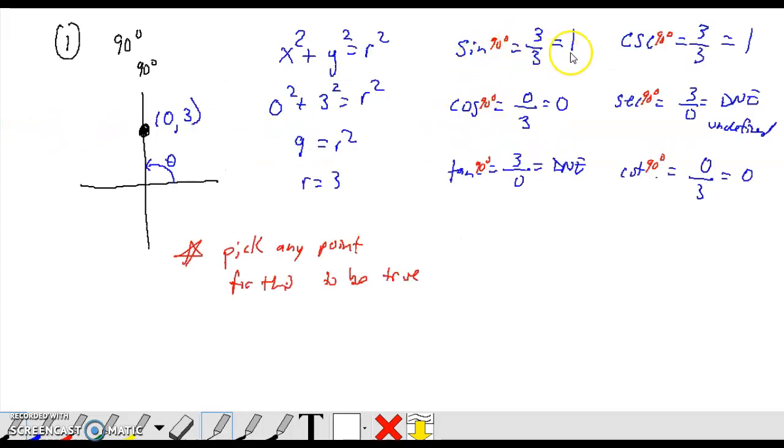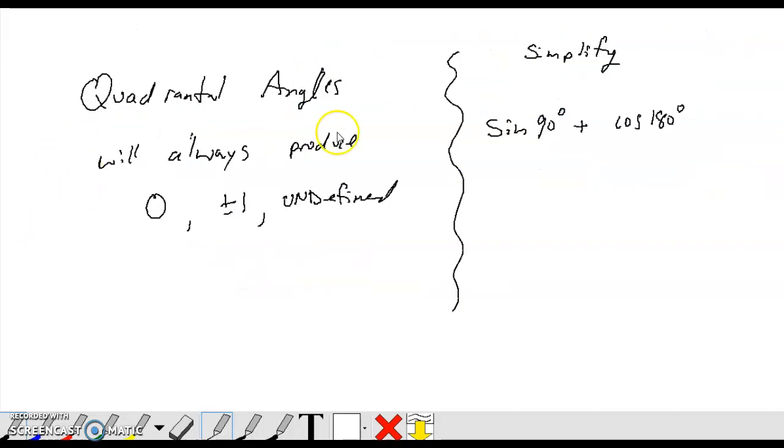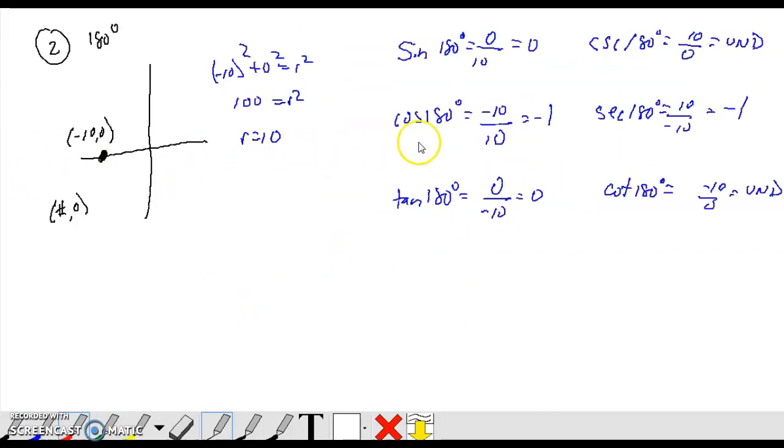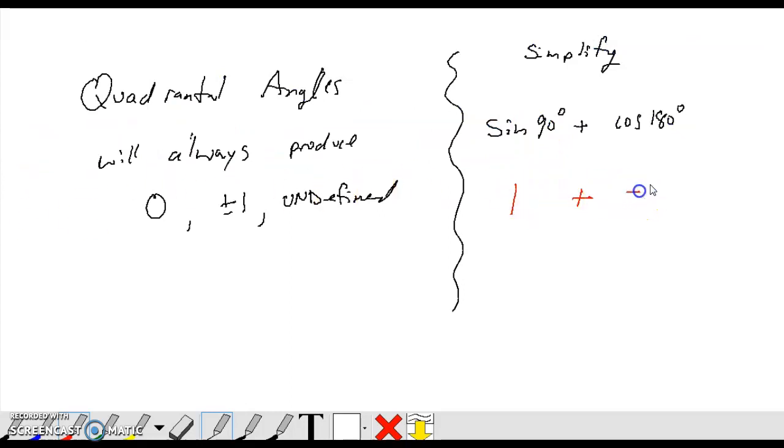So sine of 90 degrees is 1, right? So I'm going to come back over here and I'm going to replace that with a 1. And then cosine of 180 is negative 1. So 1 plus negative 1 gives me 0. So this expression is equal to 0. So I can now use my expressions to figure out what's happening.